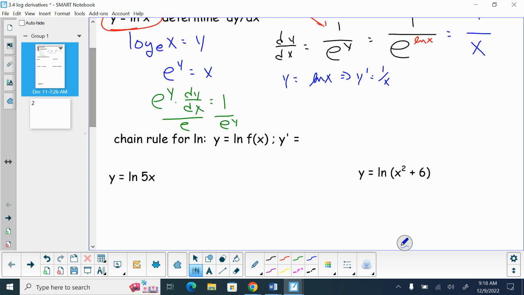So then we have the chain rule for the natural log: 1 over f of x times the derivative of the inside, f prime of x.